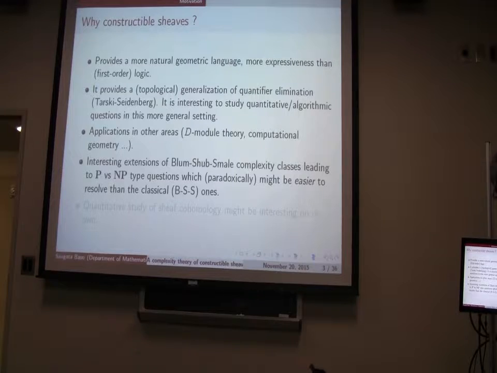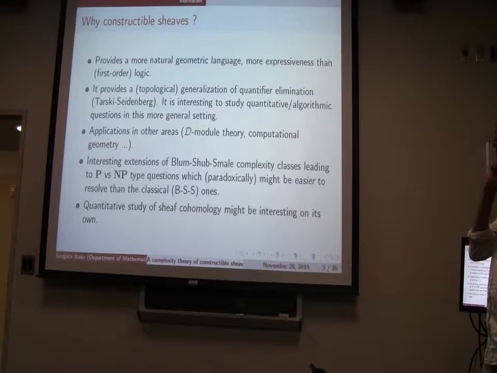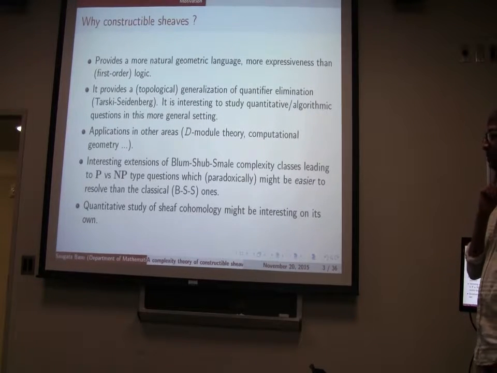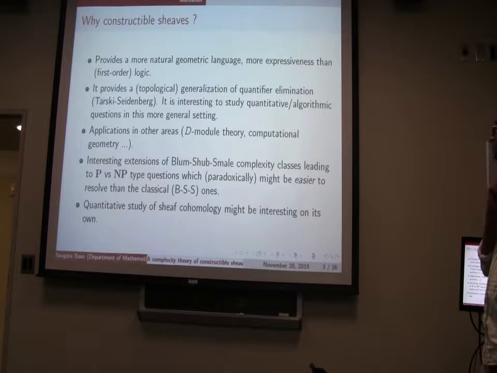And finally, quantitative study of sheaf cohomology is already a very interesting topic on its own because of its applications in algebraic geometry.